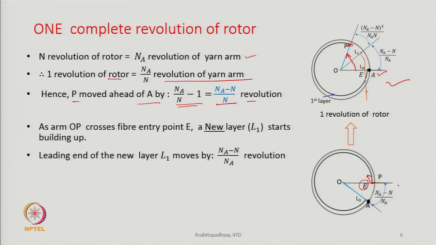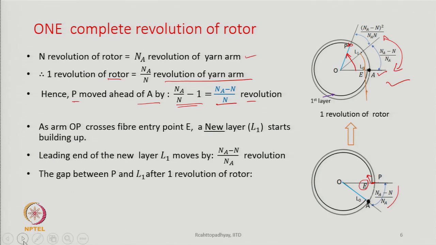Therefore, this distance and this distance are exactly the same, they will not be different from each other. So, we have found out that as OP crosses the fiber entry point, a new layer L1 starts building up. The leading end of the new layer L1 moves by how much? N A minus N by N A, that is this value, what is shown here.